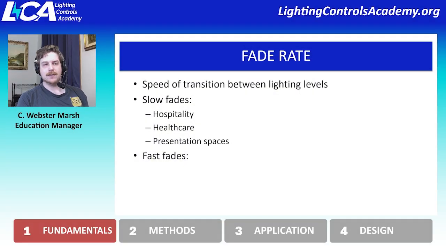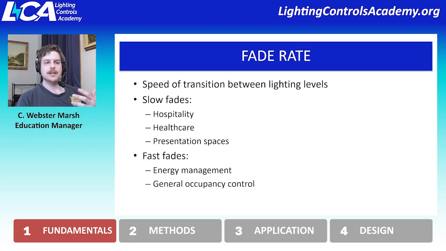Whereas fast fades are typically for energy management. We just want that instant response so that we can reduce how much energy is being used by the fixtures. If we just want some general occupancy control, so walk into the space, the lights turn on, leave the space, time out, the lights shut off, that might be where faster fades come into play.